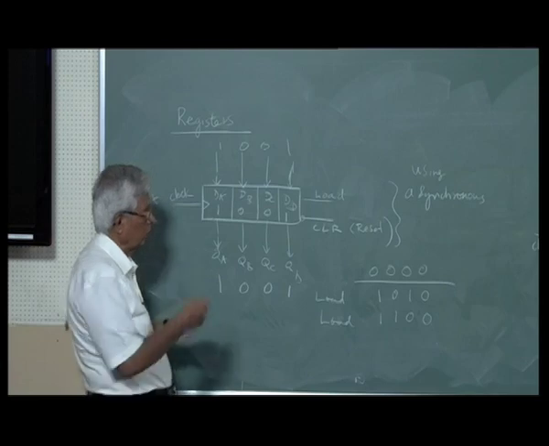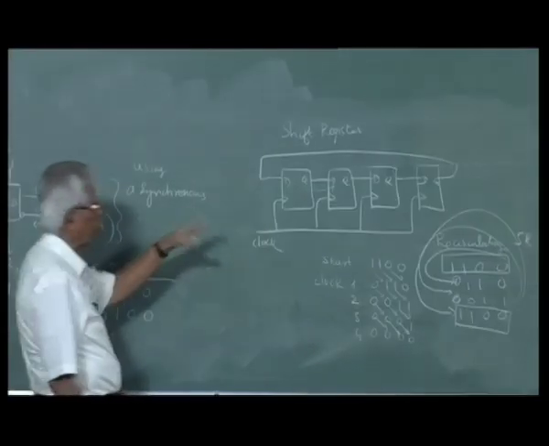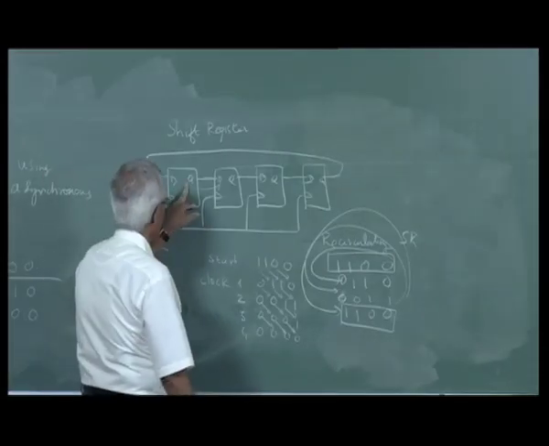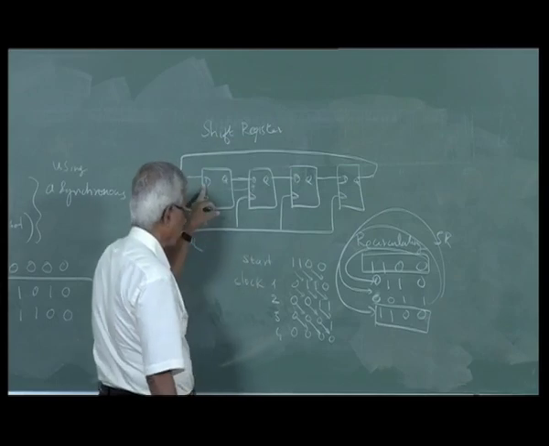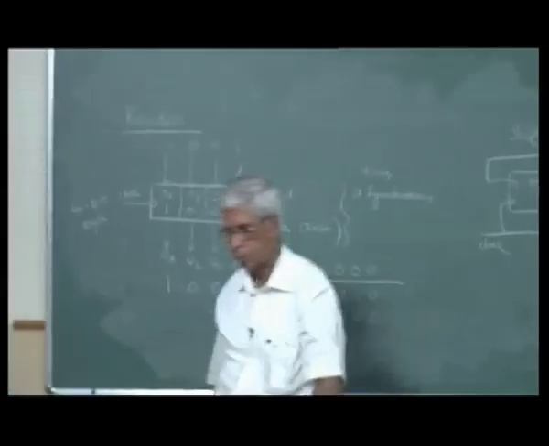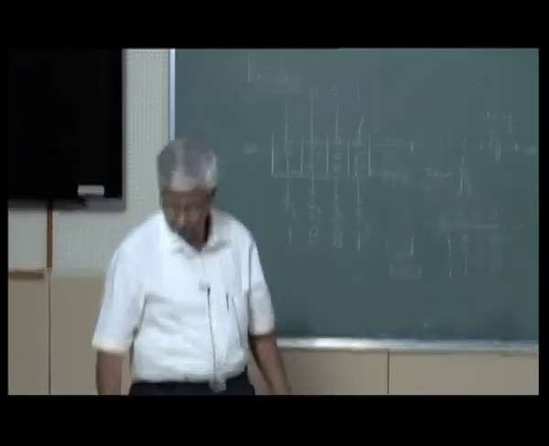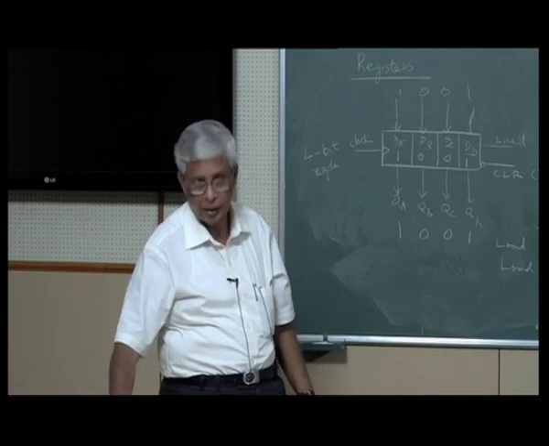And when you do this in a sequential manner, from one flip flop to the next, Q connected to D, Q connected to D, Q connected to D, and then this Q back to D. This is a shift register which keeps circulating whatever data you put. We will see some more of shift register in next lecture. I am stopping here. Are there any questions?